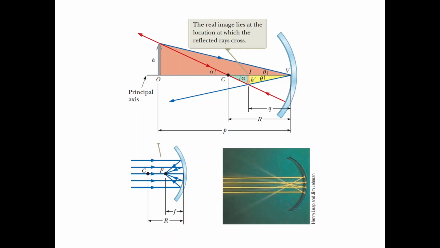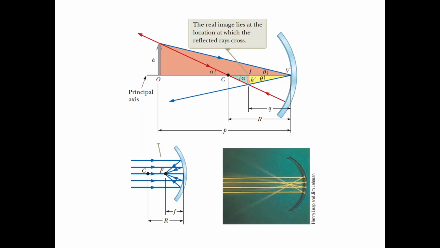So how do we build the image of an object when we consider reflection from the inner part of a spherical mirror? We have some object with height h. It is positioned with respect to the mirror at some distance p. Then we consider two rays originating from the top point of this object.